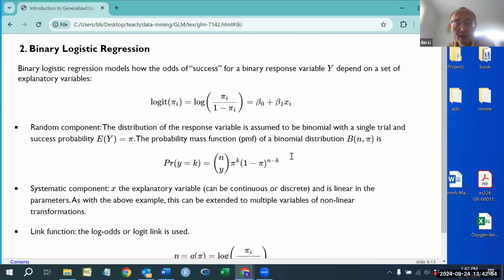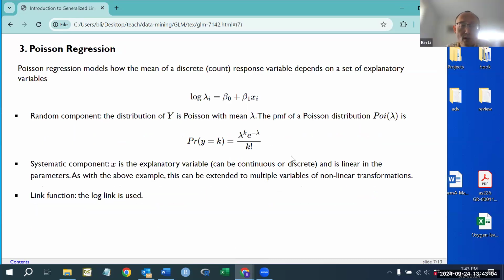This just gives you some examples for the GLM models. And the last one is the Poisson regression. Poisson regression is another popular generalized linear model, which is used to model count data.